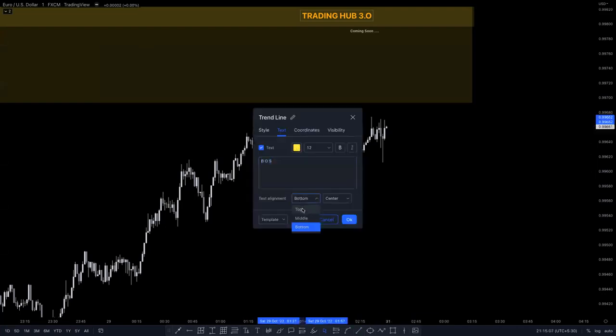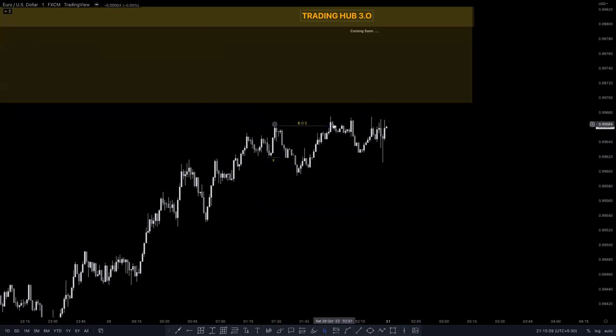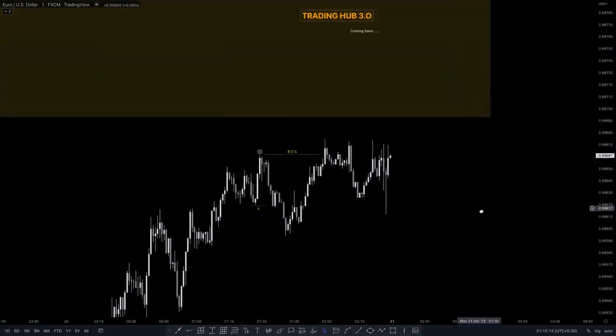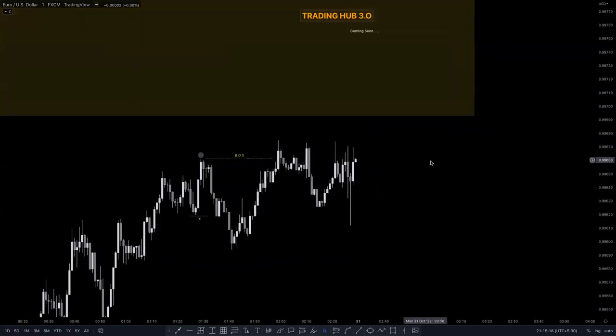And after this break of structure, what happened? Price closed above it, and you have to wait for the inducement to be taken out. So in this case, where is our inducement? Everyone mark the valid inducement, the valid pullback after break of structure confirmation.